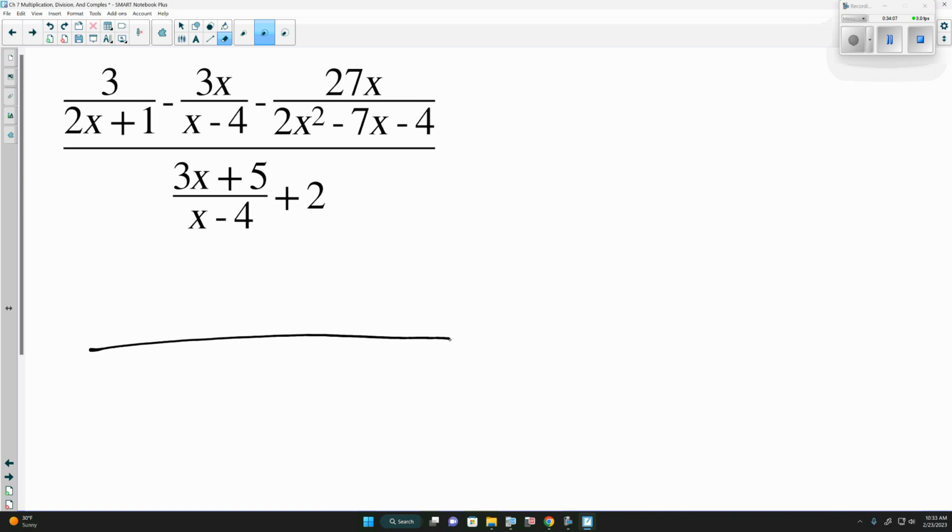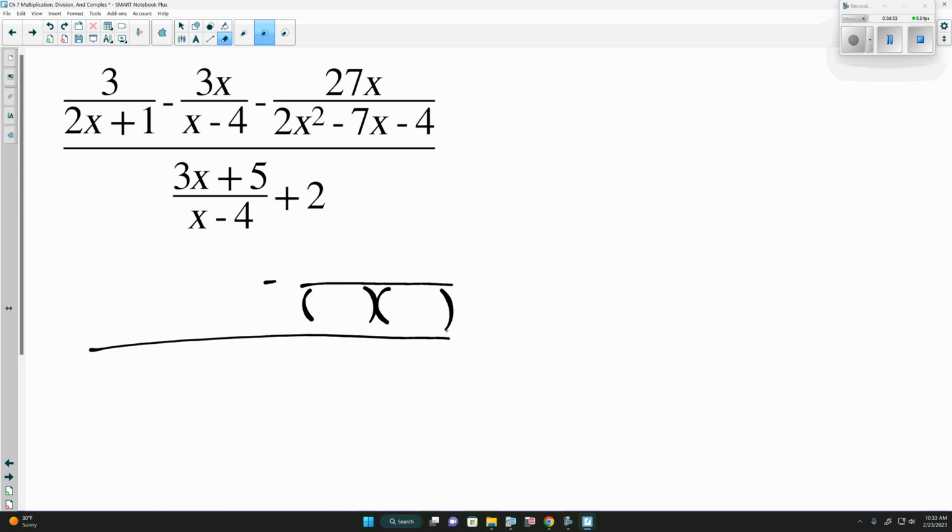Now, it'd be very tempting to want to multiply top and bottom by 2x plus 1 and x minus 4. We can see those for sure, yes? And then also, we'd want to multiply it by the 2x squared minus 7x minus 4. Will 2x squared minus 7x minus 4 factor? Let's see.